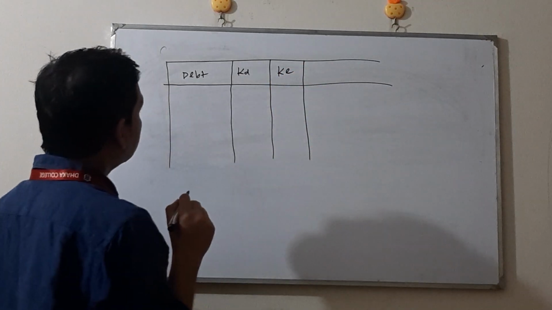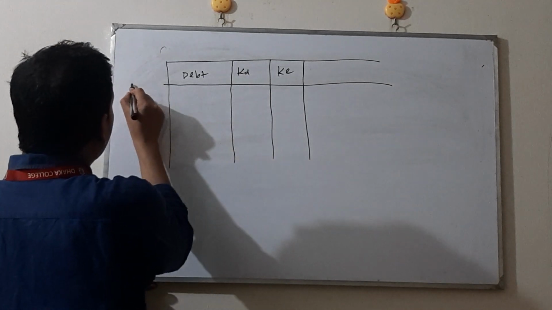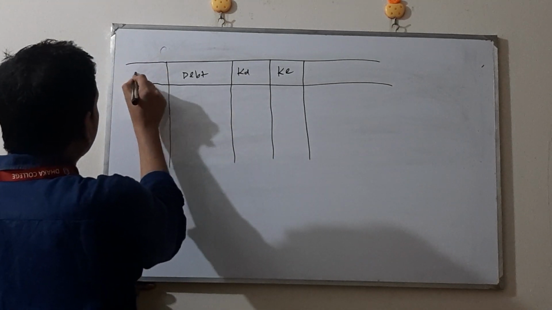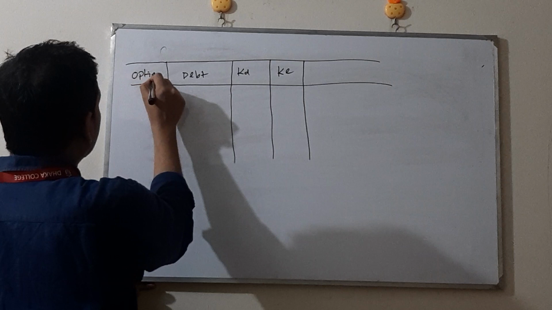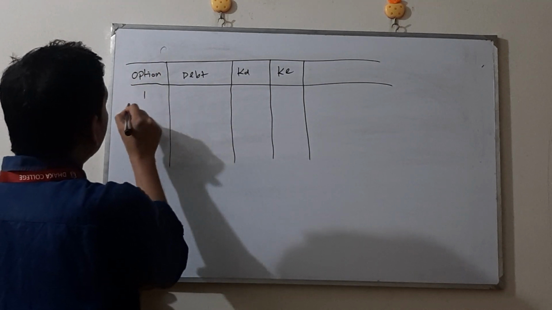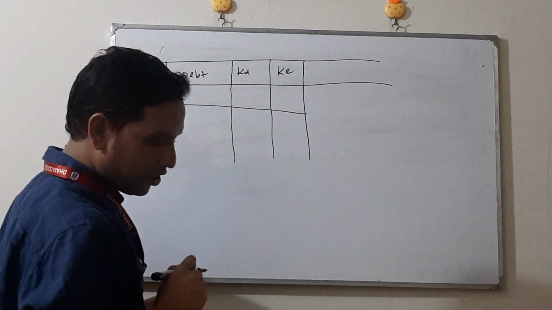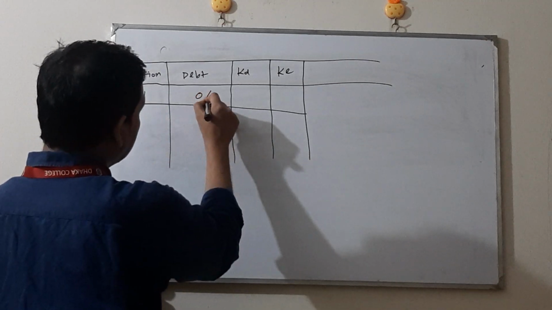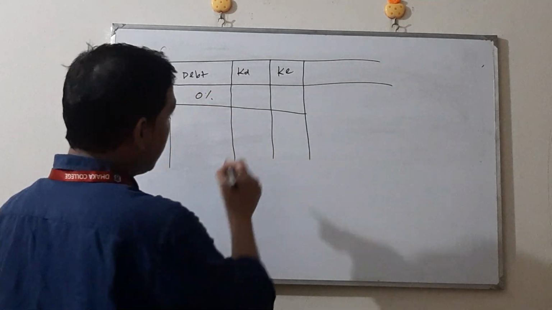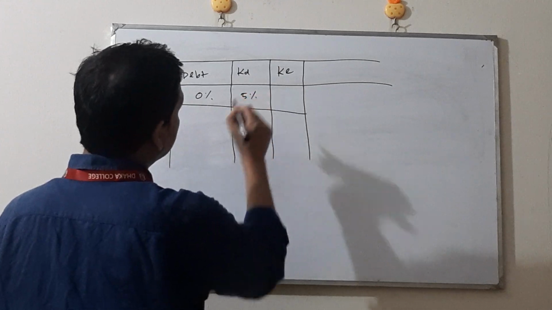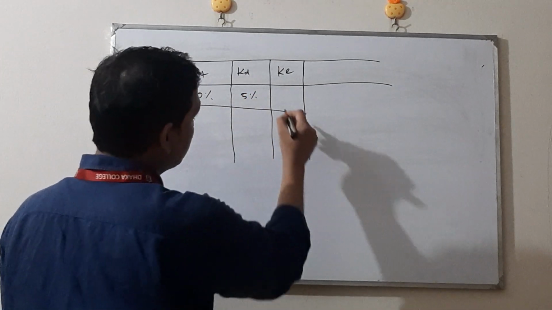In option 1, debt is 0%, KD is 5%, and K is 12%.